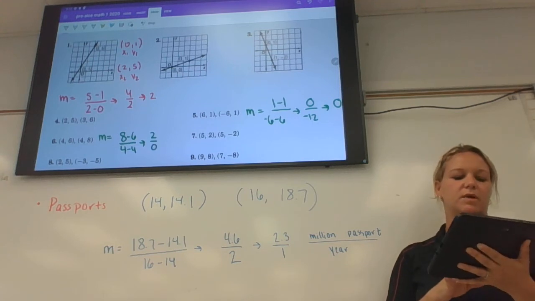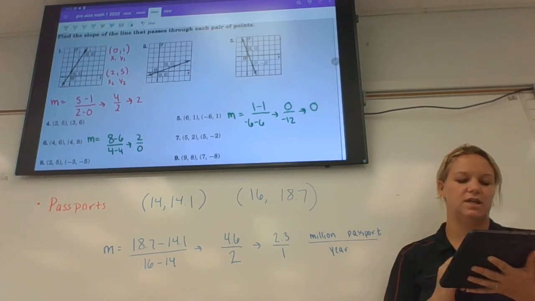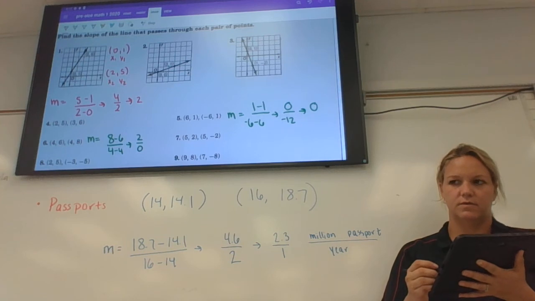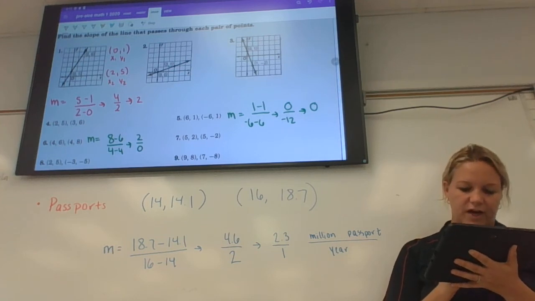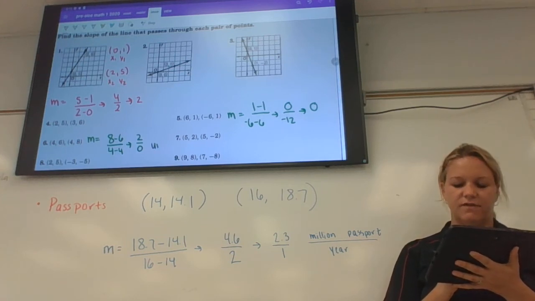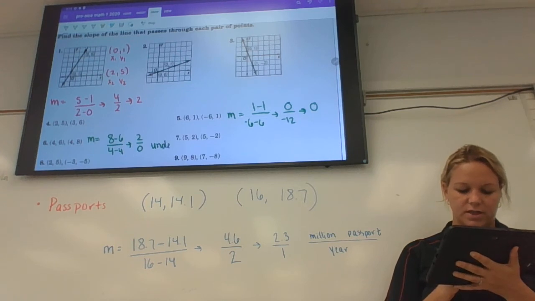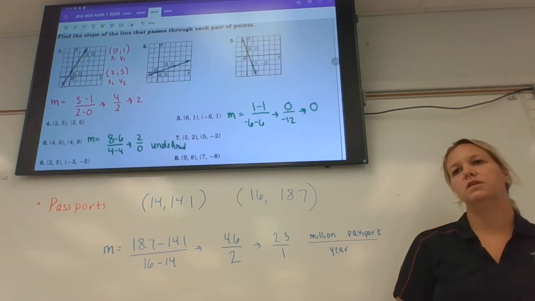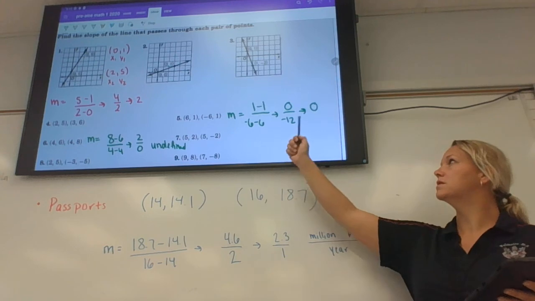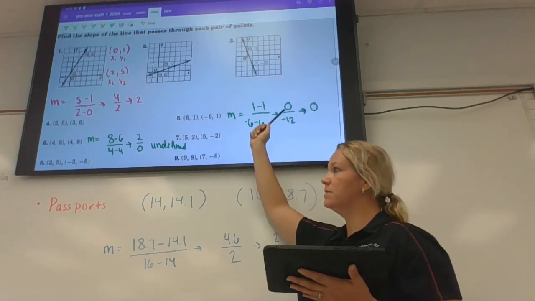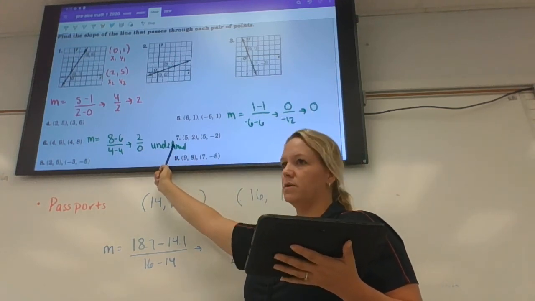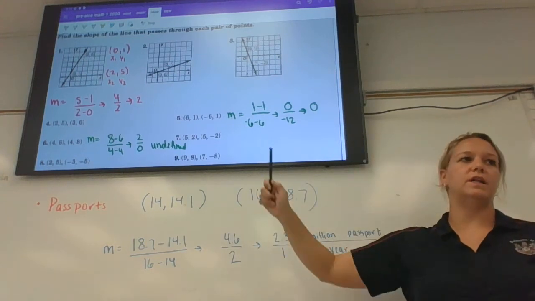You guys, let's talk about the difference between 5 and 6. Number 5 is 0, while 6 is called undefined. You see that, Libby? This one's 0 with the 0 on top. When the 0's on bottom, we call that one undefined. I didn't tell you this.